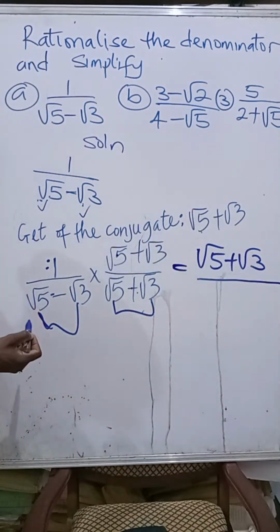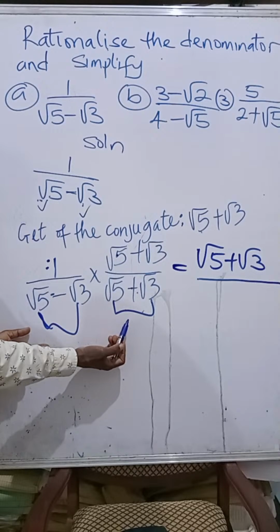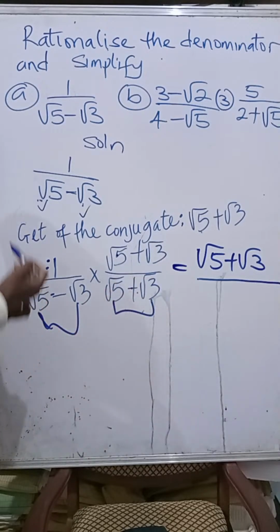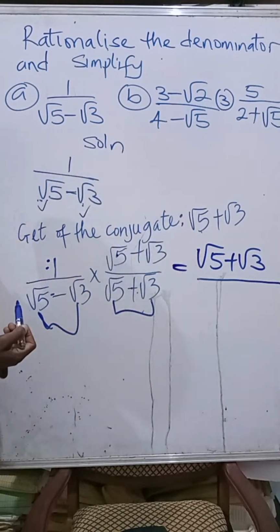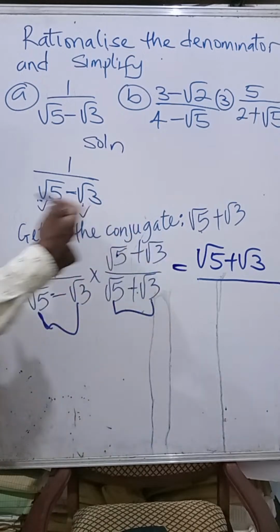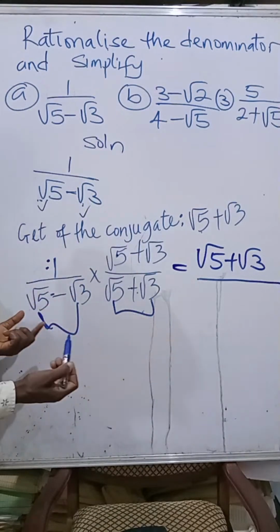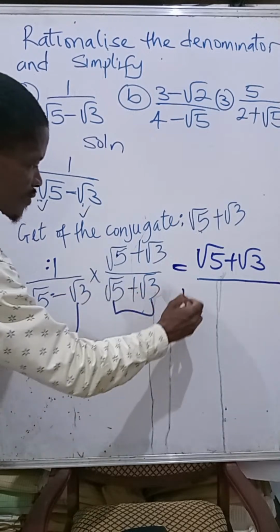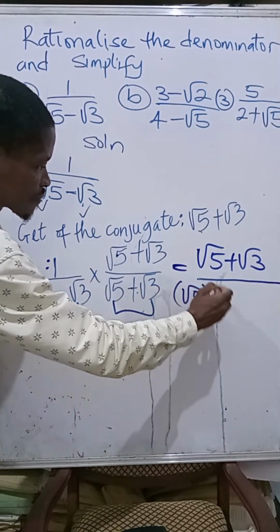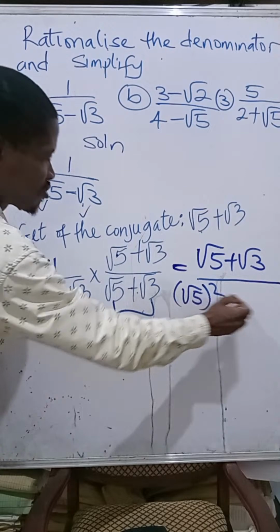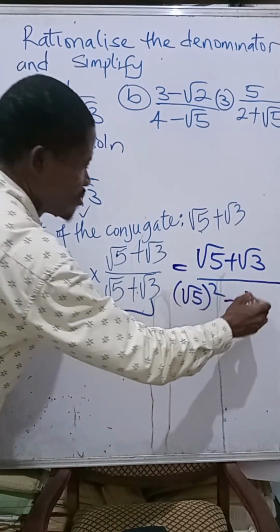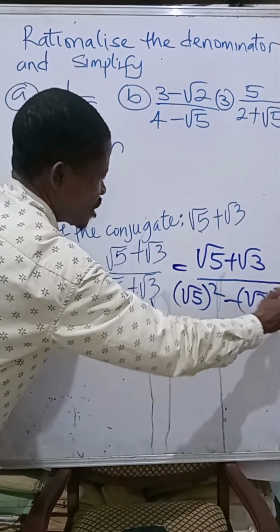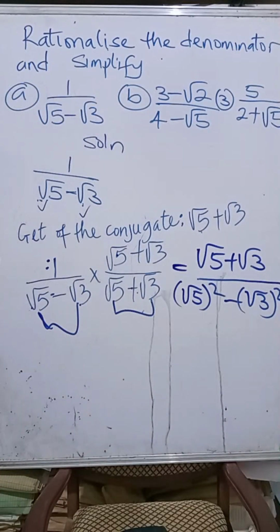This is what we call the difference of two squares. So what you do is pick the first one, root 5, square that. Okay, then minus the second one, root 3, square that.